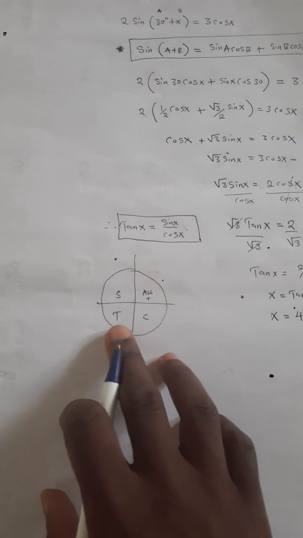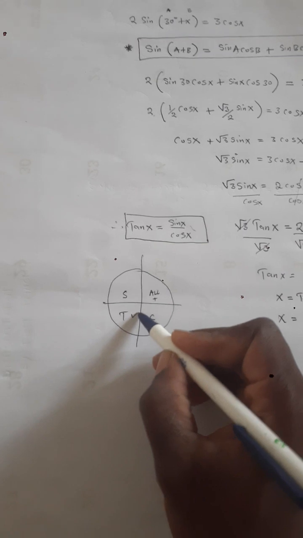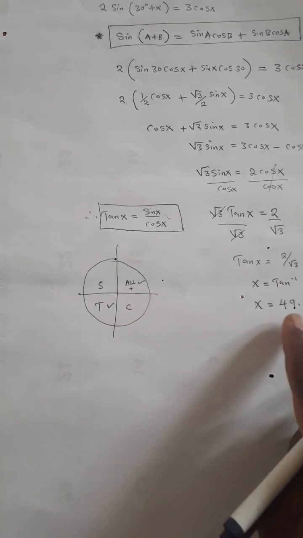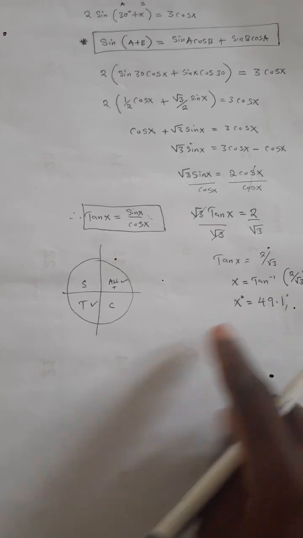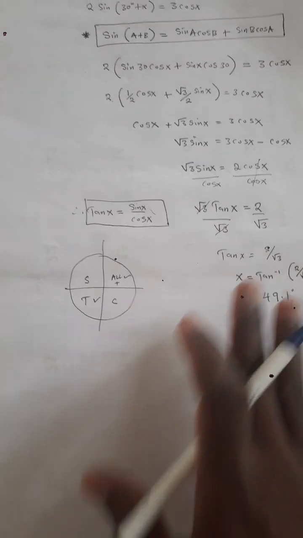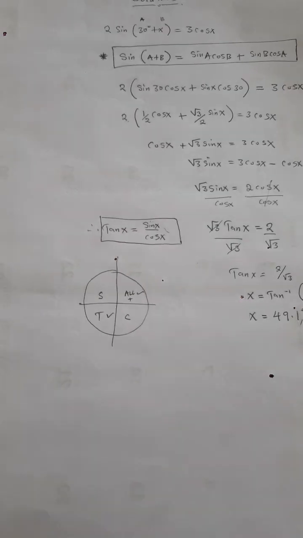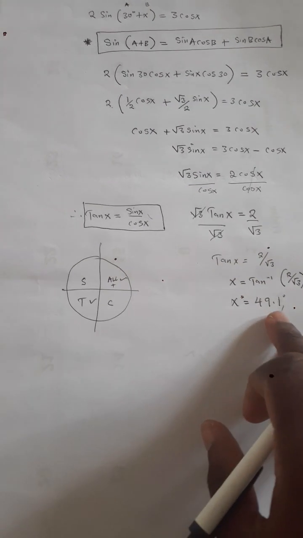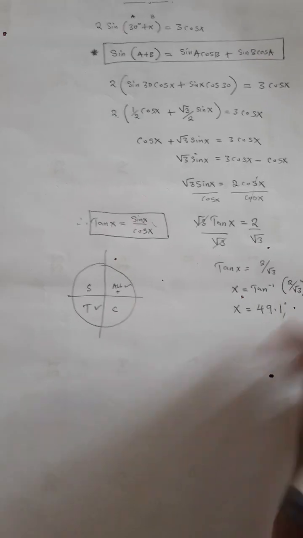We are dealing with tan, so this guy is an acute angle, the angle that we found. In the first quadrant the angles are always acute, meaning between 0 and 90. So it is 49.1 degrees.